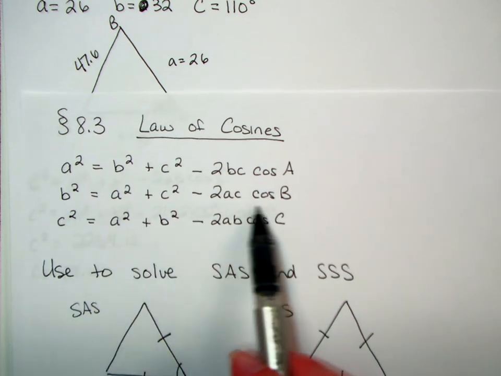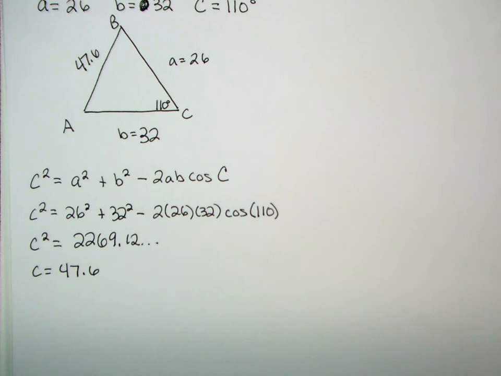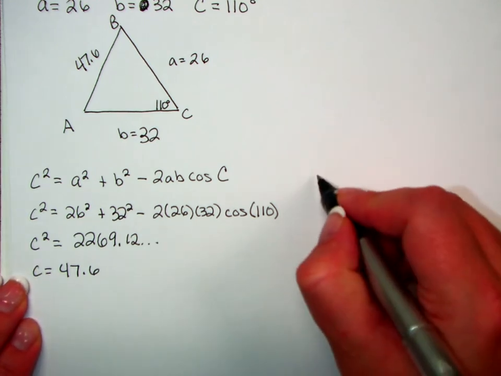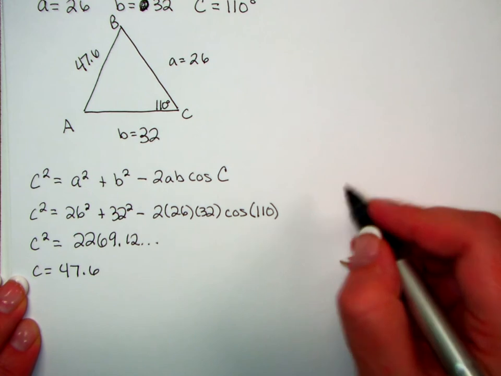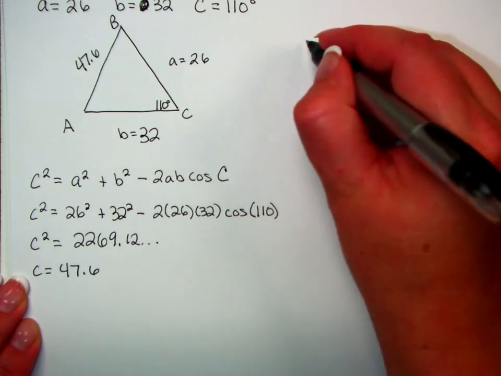So I'm going to use the b squared equals a squared plus c squared minus 2ac cosine B. It's a mouthful. All right, here we go. Let's do it up here.